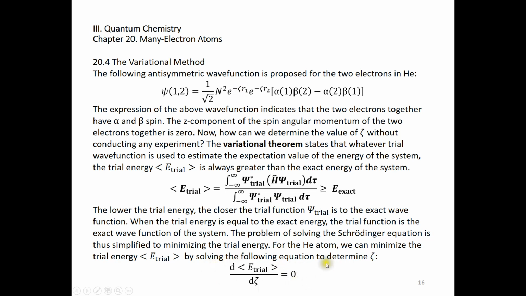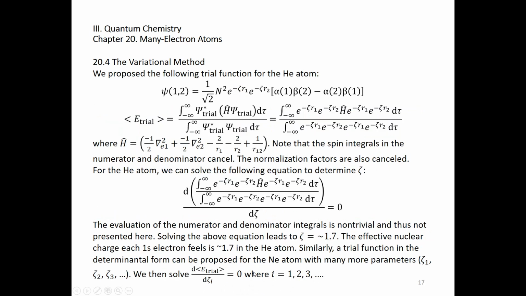So really we're trying to find the value of zeta that minimizes the trial energy. So we propose this trial function for the helium atom. We have normalization factors, exponential functions of zeta times r here and here for the two electrons, and we have the spin part.